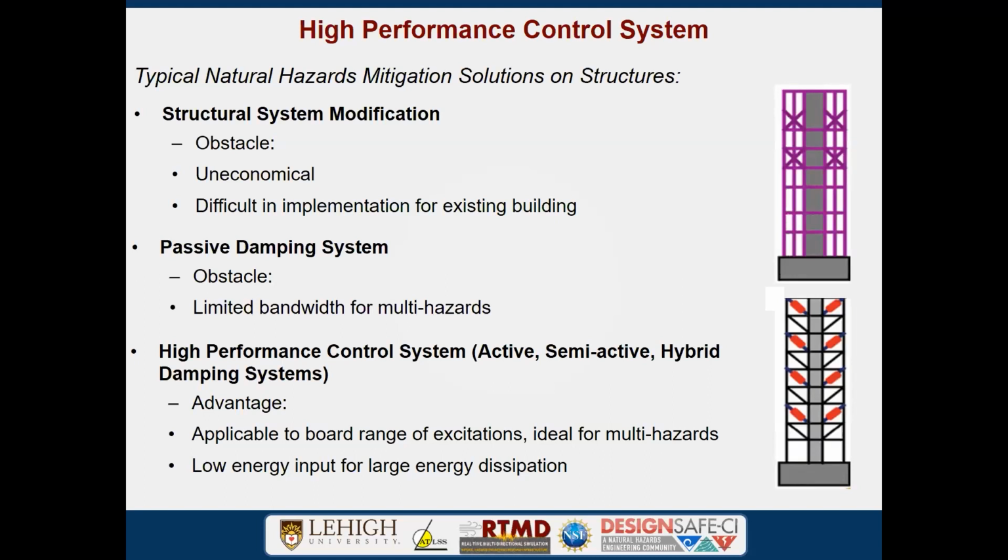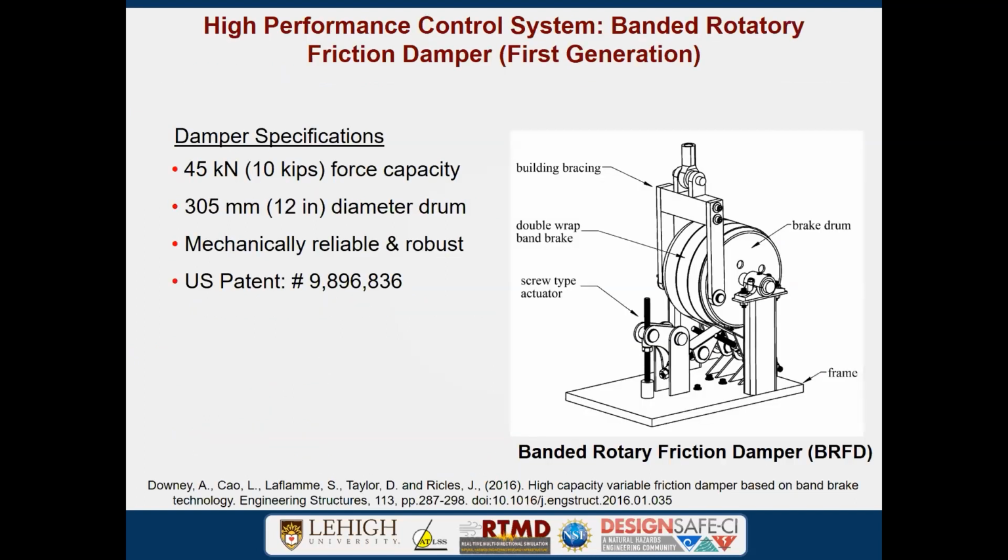I'm going to introduce one of the high-performance control systems we proposed a couple of years ago, called the banded rotary friction damper. Basically, it utilizes existing membrane technologies. It consists of three major components: a braking drum, a frictional band wrapped around the braking drum, and then two connections at the bottom and the bracing connections to connect to the structure.